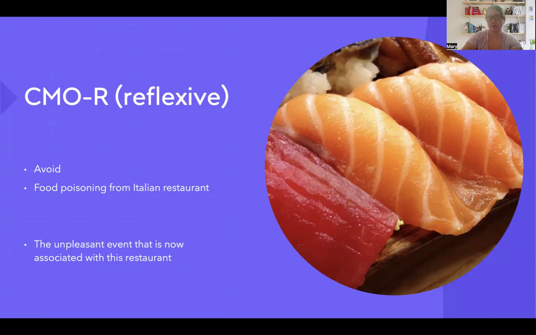When we think about CMO-R, let's think about avoiding things. For example, if we go to a restaurant and we get food poisoning, that unpleasant event is associated with the restaurant, so we're more likely to avoid that behavior, of course.